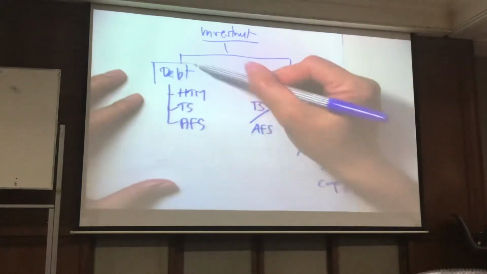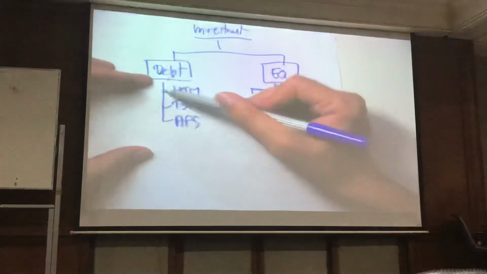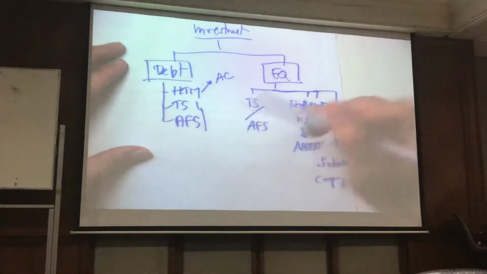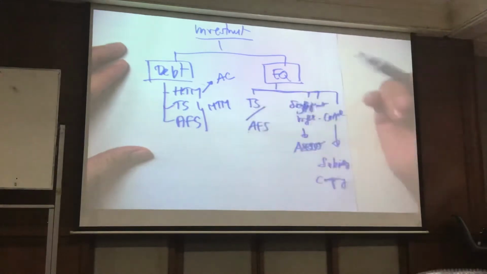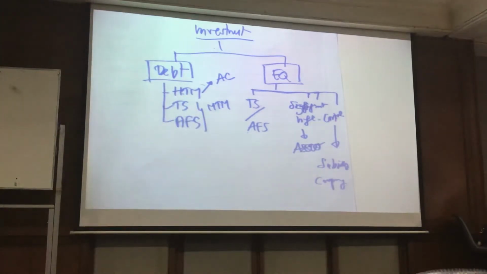Just like when you break it down for debt and equity, for debt, held to maturity, you go to amortized cost. Trading and available for sale, you mark to market. But of course, the difference goes to where they belong. TS go to PL, AFS go to OCI. The reason why TS go to PL is because it's based on their own operation. Because you want to speculate.